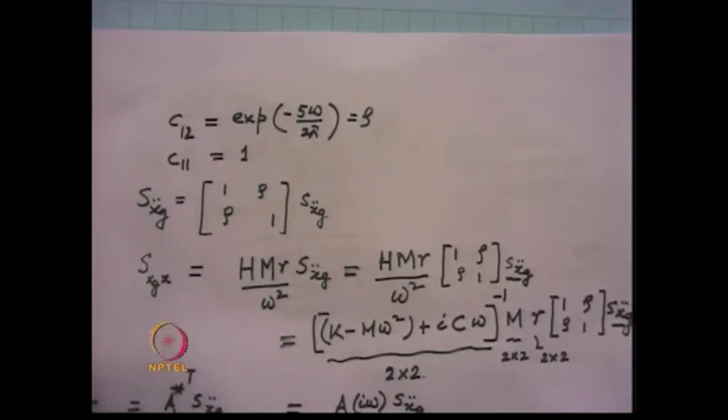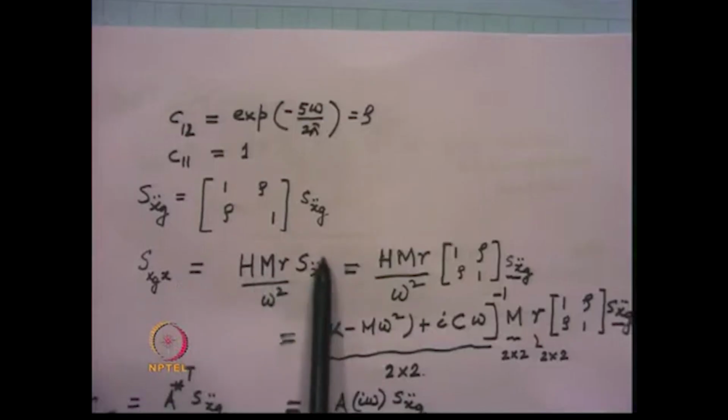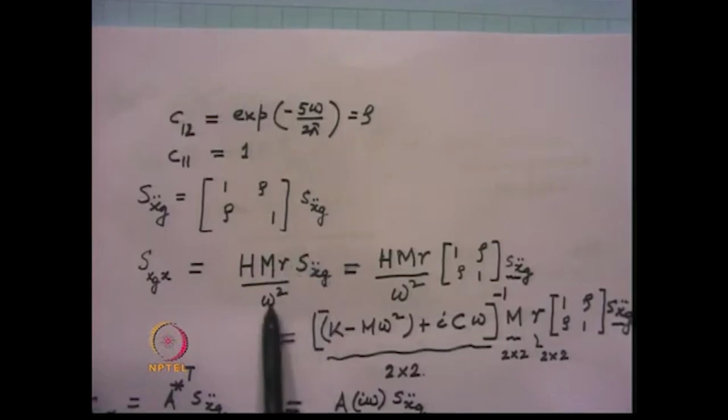So this matrix is completely defined. Then we write down the cross power spectral density function matrix between the ground excitations and the displacement x, and that is written as H M R times Sx double dot G divided by omega square.